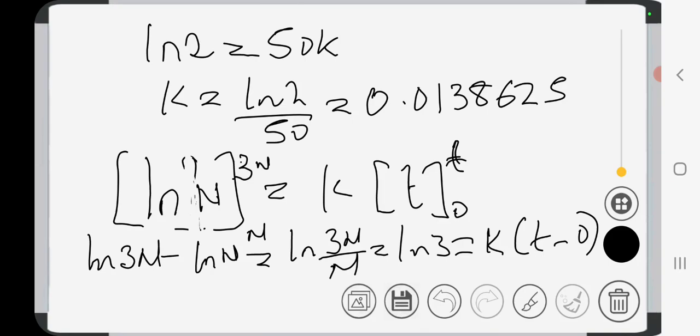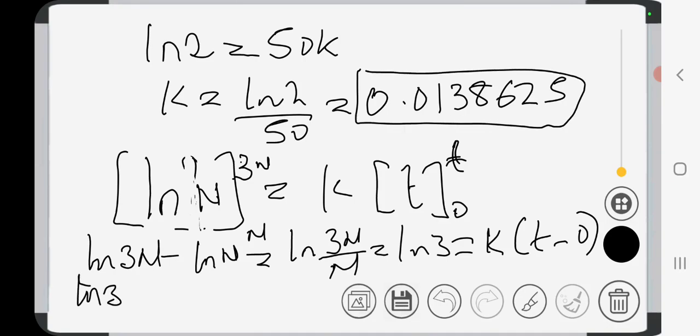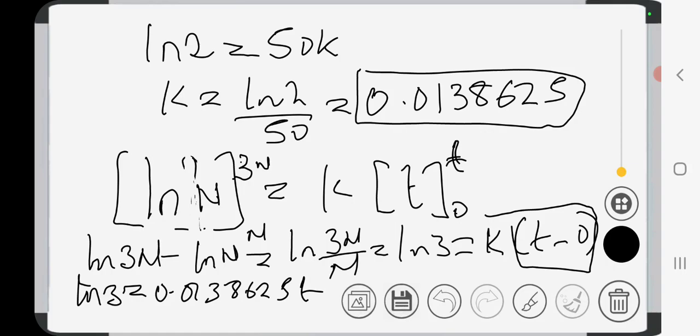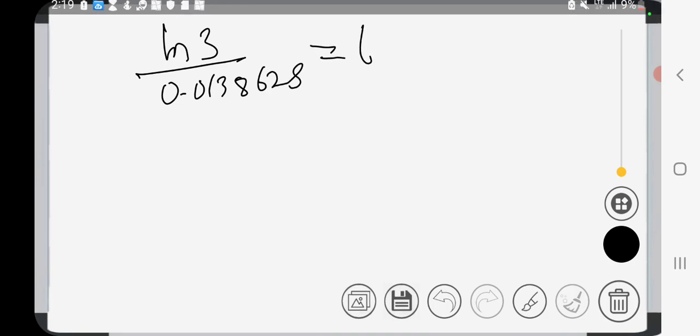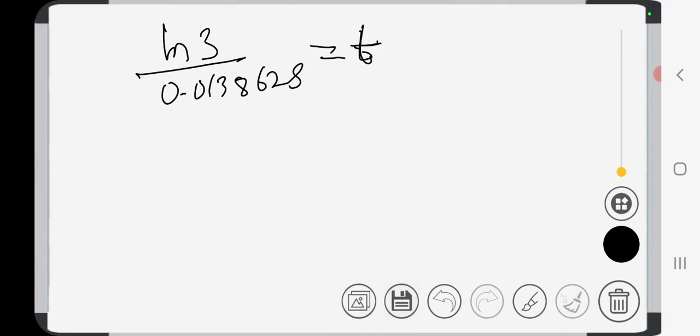We have gotten our k to be this value, 0.0138625. So we substitute. Therefore, ln 3 is equal to 0.0138625 times t, because t minus 0 is t. To get t, we divide both sides by 0.0138625. So ln 3 divided by 0.0138625 is equal to the time when the population triples.